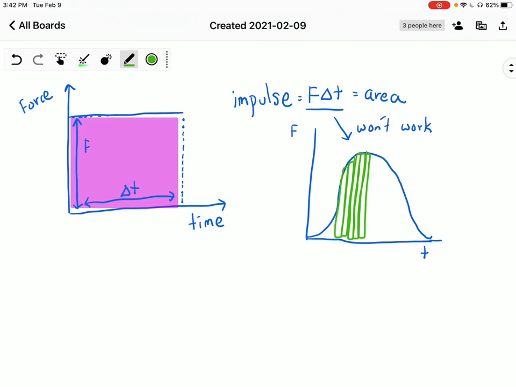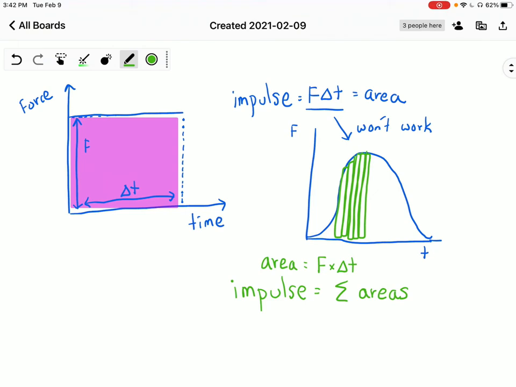The area of each rectangle would be the force at that spot times the little delta t. So that's the area of a little rectangle. And the area of the whole shape, the total impulse, would be the sum of all the little areas. So all the little F delta t's.